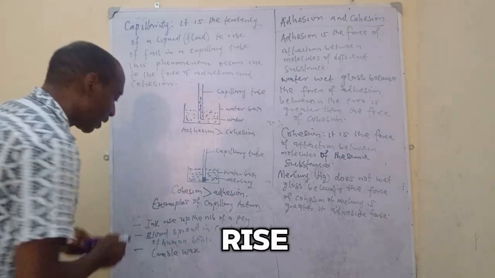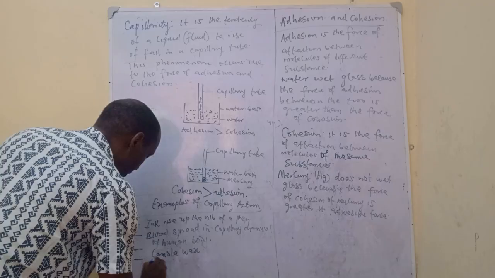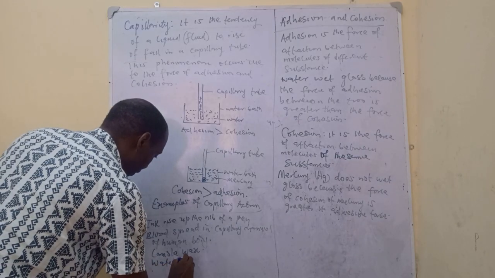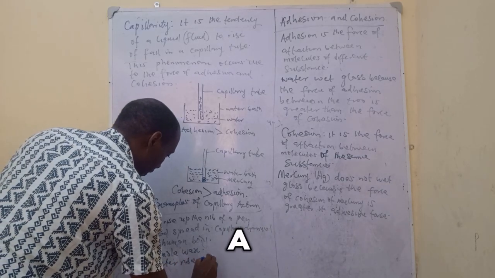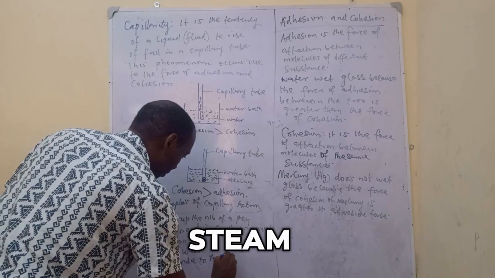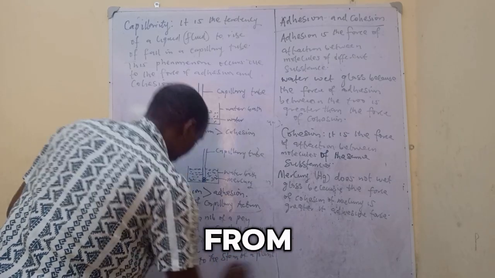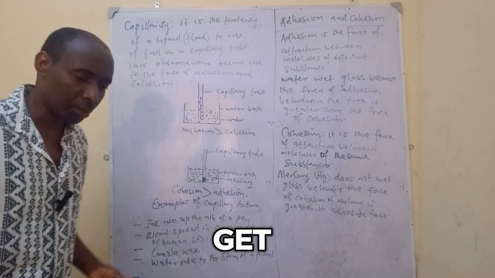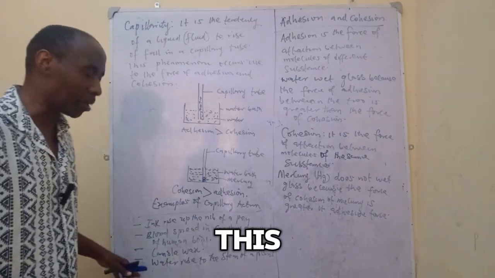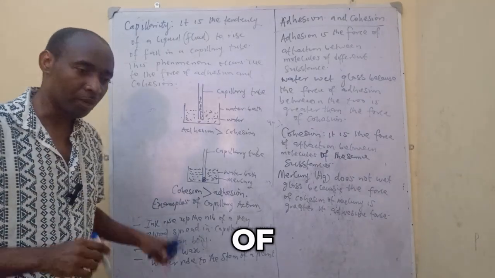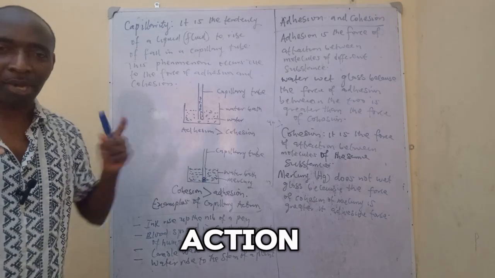Then water rises to the stem of a plant. The water rises from the soil, moves and gets to the stem of a plant. This is as a result of capillary action.